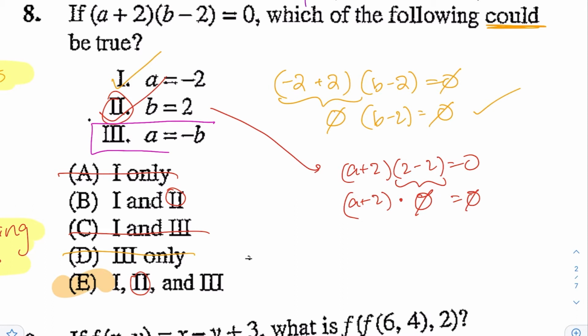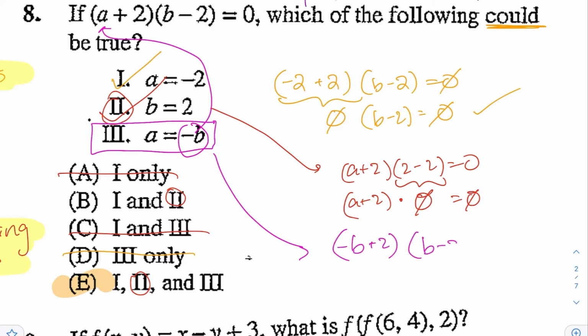So if a is equal to negative b. For Roman numeral number 3, we will replace a with negative b. That would be negative b plus 2 instead of a plus 2, times b minus 2. And you want to see if that's equal to 0. Well, here, b could be equal to anything.